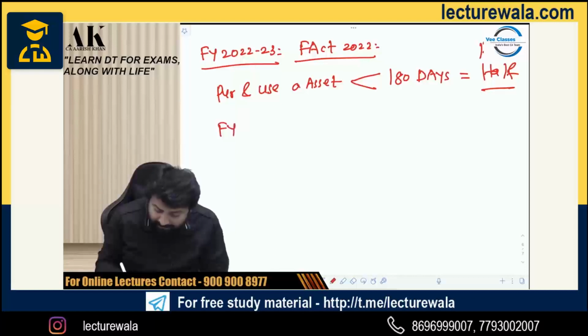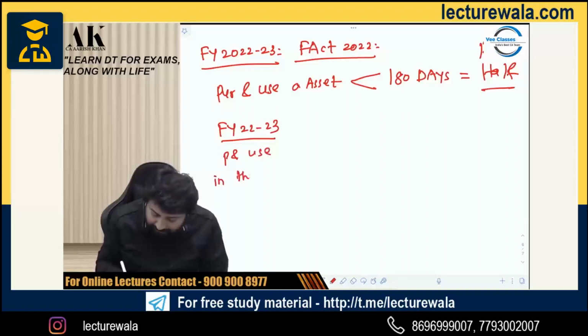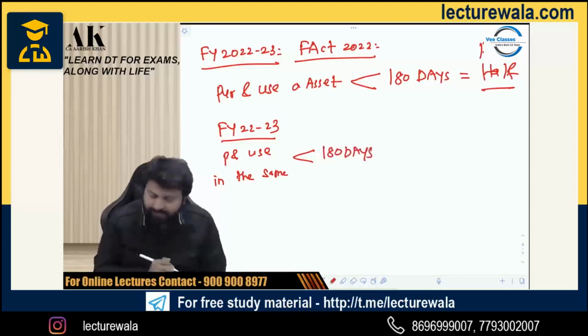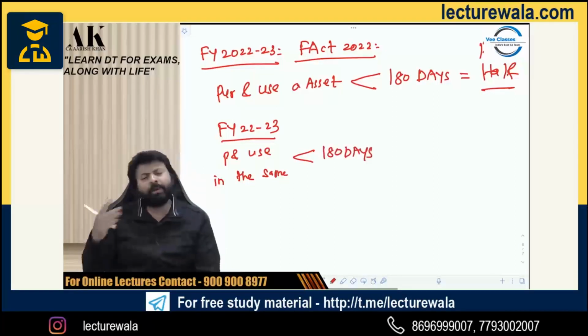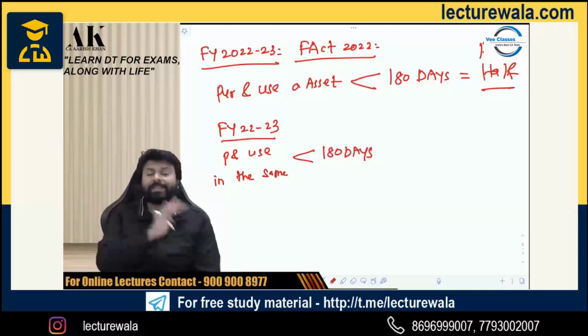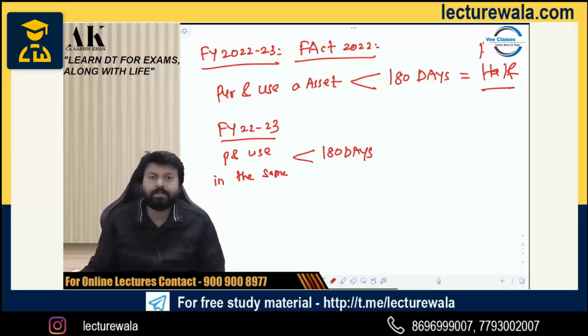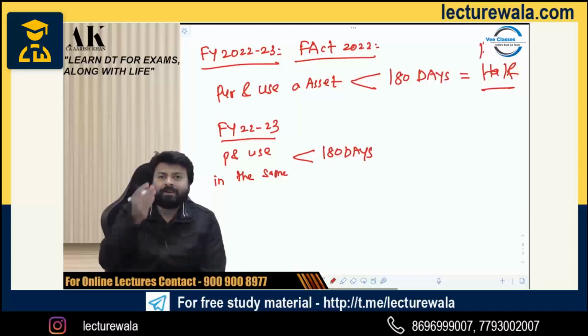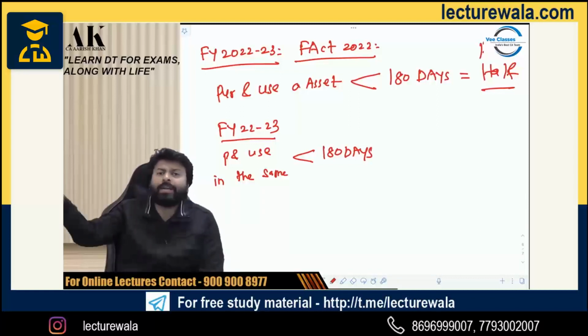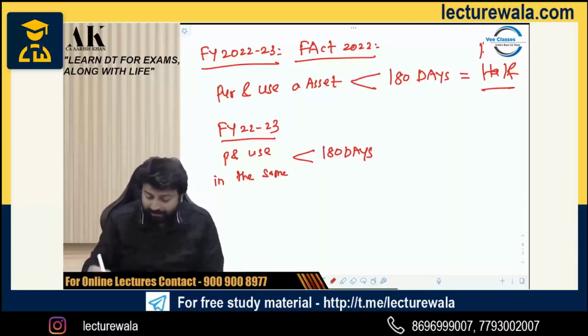This is applicable when you purchase and use in the same year, and it is used for less than what? 180 days. Exactly 180 days, full depreciation. It has to be less than 180 days to make it half. So less than 180 days half, or greater than or equal to 180 days full. But this will become half.